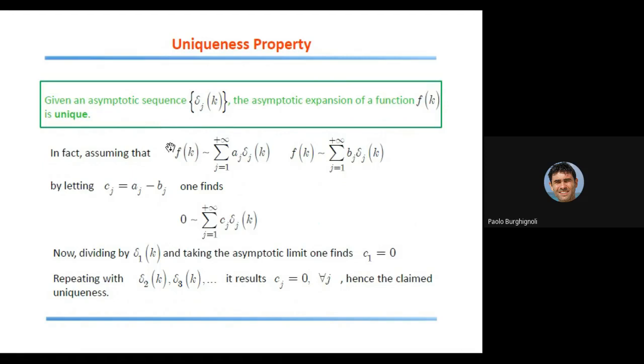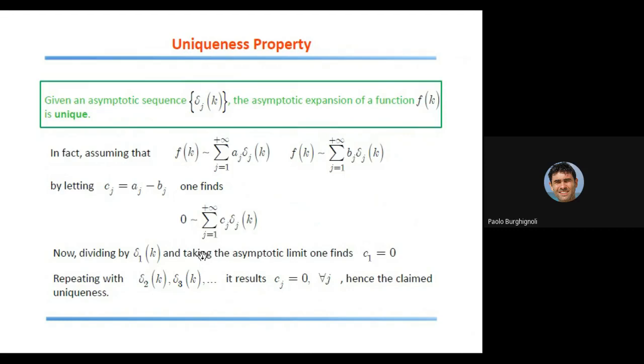In fact, if by contradiction you assume that there are two different asymptotic expansions, one with coefficients a and the other with coefficients b, then if you define the coefficient c as the difference between a and b for any index j, of course, then you would find that 0 would be asymptotic to this asymptotic sequence involving the c coefficients. But now dividing, for example, by delta 1 and taking the asymptotic limit, you would discover that c1 is equal to 0.